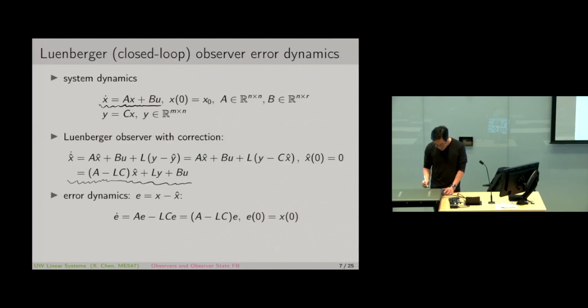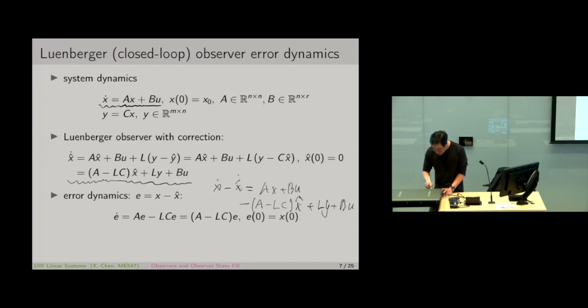On the left-hand side, we will have x dot minus x hat dot. And on the right-hand side, we will have Ax plus Bu minus A x hat minus LC x hat plus Ly plus Bu.